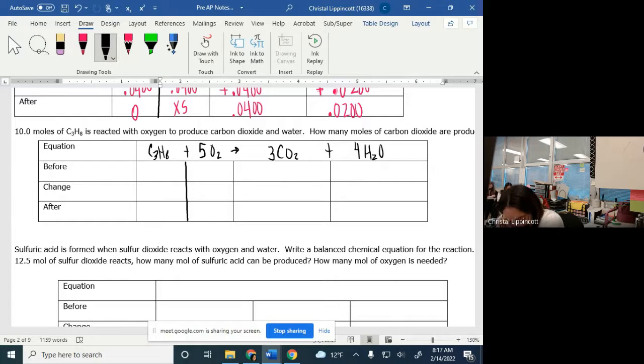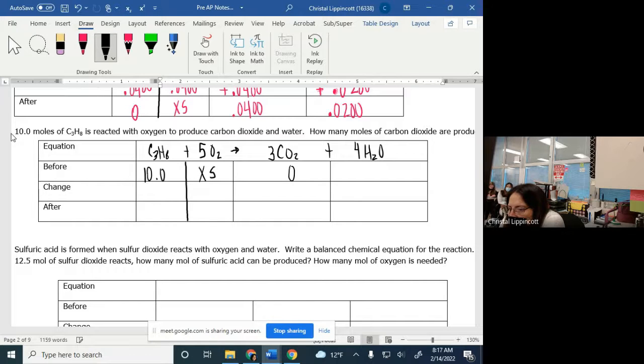All right. You got it balanced? Okay. So I'm going to put this in. They told me that I have 10 moles of this. They didn't tell me how much oxygen I've got, so I'm going to assume that I've got an excess amount.